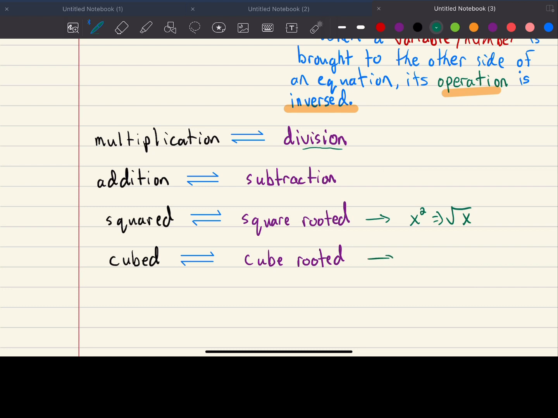Same as if I cube root. So if I have a cube, then I can cube root, which means that I'll have an index of 3 outside the radical sign, or outside the root, and then the x underneath. So these are inverse operations of each other. Let's take a look at a couple of examples and see how this translates.